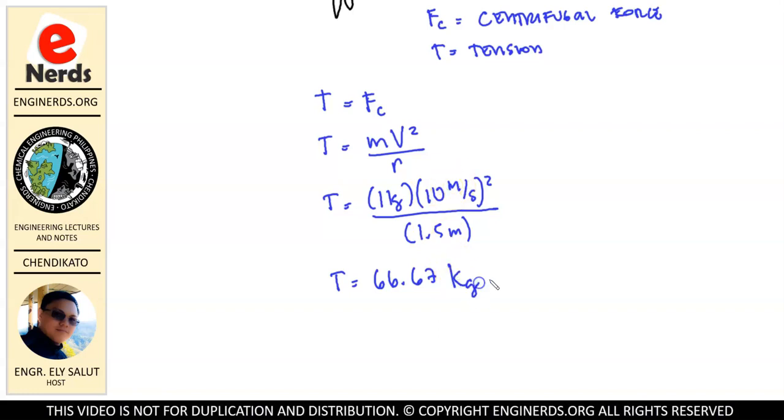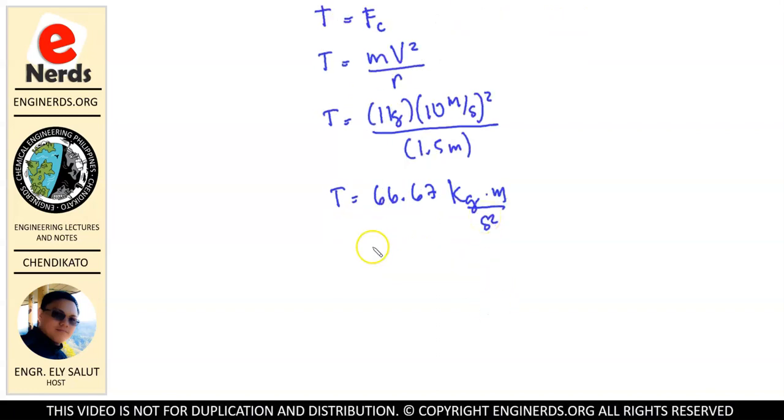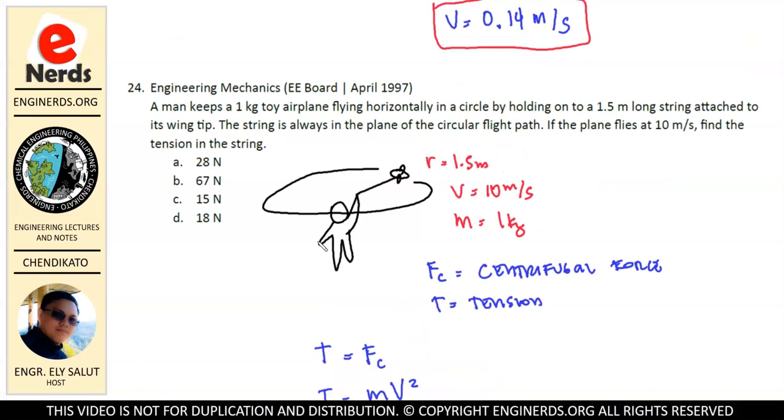So we have kilogram meter per second squared, which is also the unit for Newton. So tension is equal to 66.67 Newton. This will be our final answer here, which is letter B in our choices.